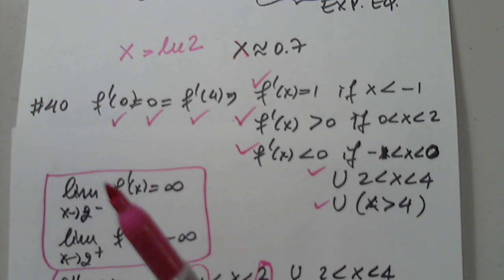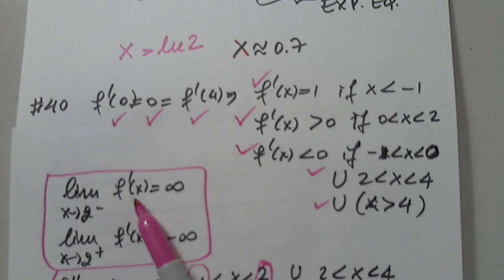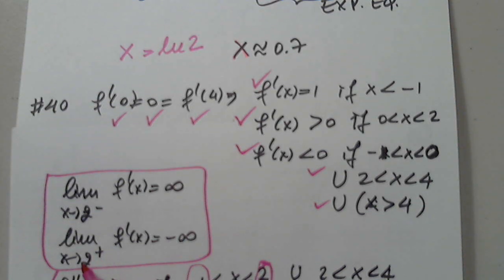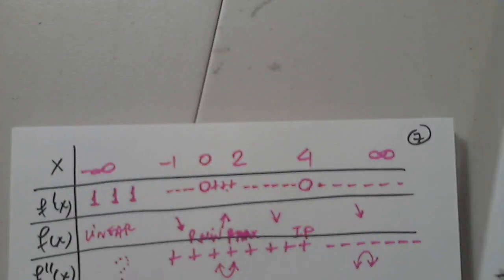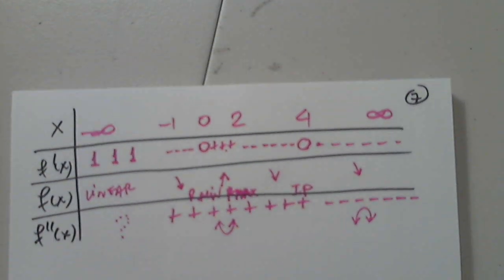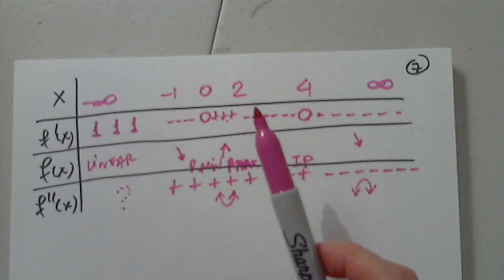But what it says is that the limit of the rate of change as x approaches 2 from the left is infinity, and the limit as x approaches 2 from the right of the rate of change is negative infinity. So something special happens at 2. I jumped to the conclusion without putting the last piece.